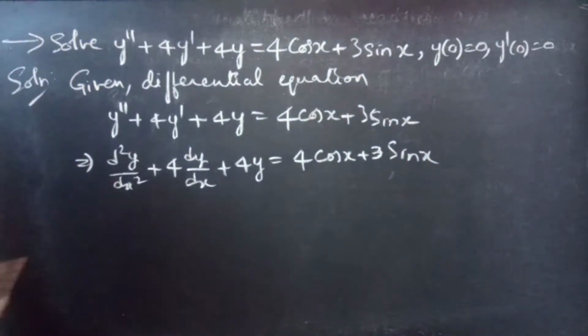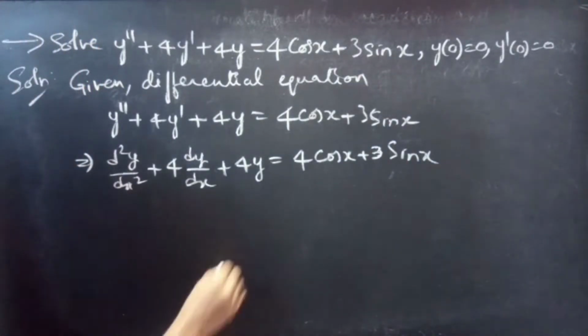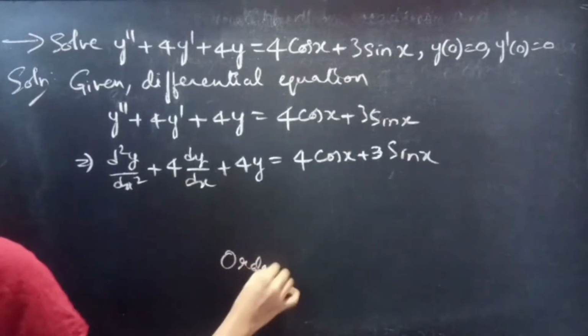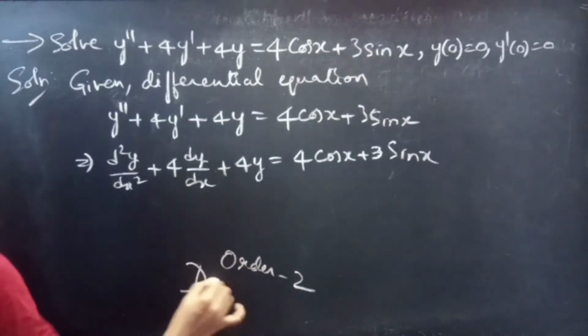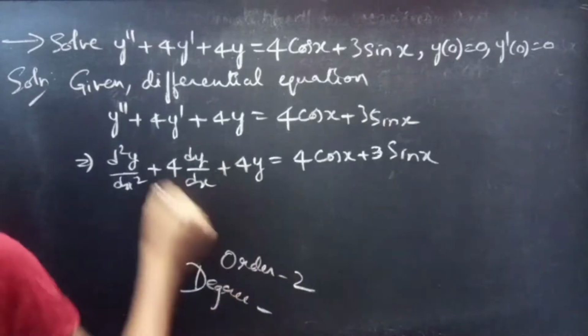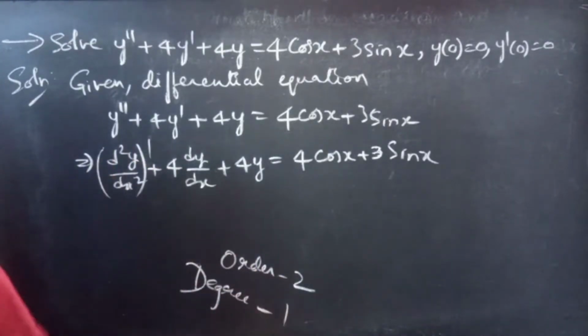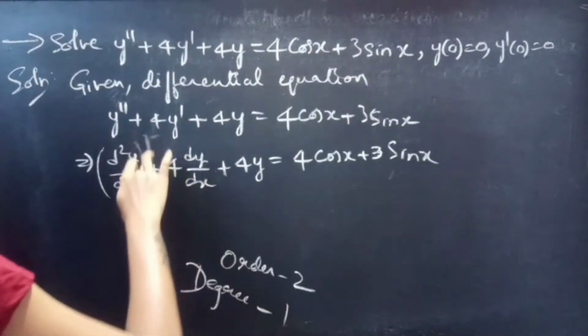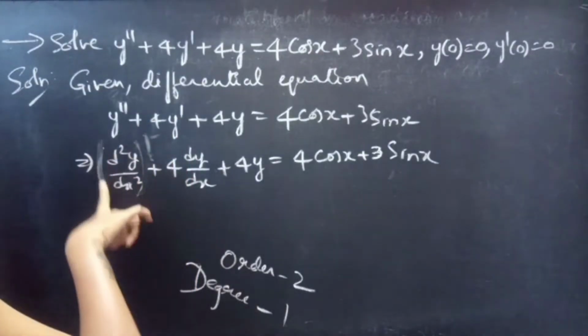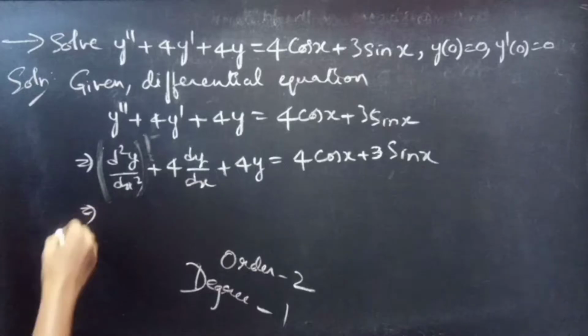Identify the highest derivative. Here d²y/dx² is the highest derivative, so our order will be 2. And the highest power of the highest derivative is the degree. Degree is 1, right?